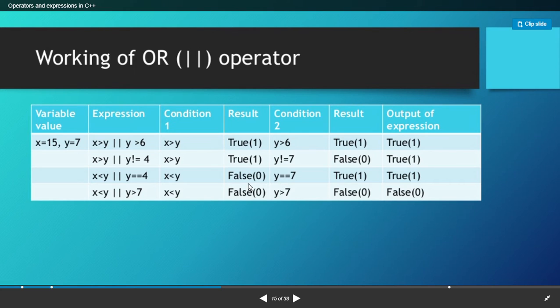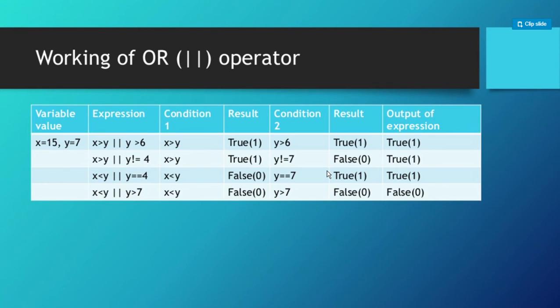So when the result for the two conditions is one false and one true, that is 0 and 1, the output expression is 1. This whole set of values is called the truth table for logical gates or logical operations. When we study logical gates, we will discuss the truth table more thoroughly.